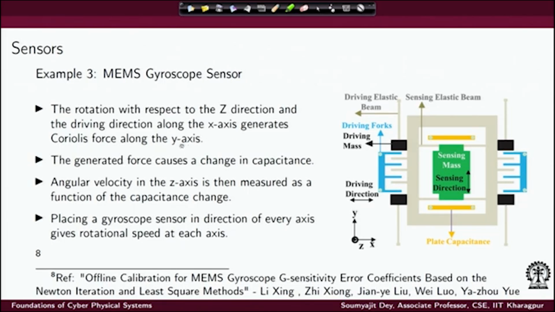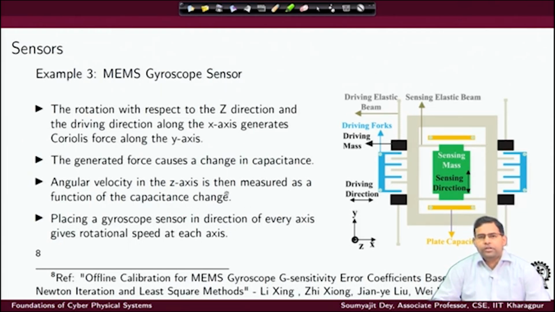Let us say here you have this Coriolis force acting in the y axis, and that will be inducing the capacitance, and based on that capacitance proportionally what I get will be a voltage change. So that essentially is acting as an estimate of what is the angular velocity in the z direction.